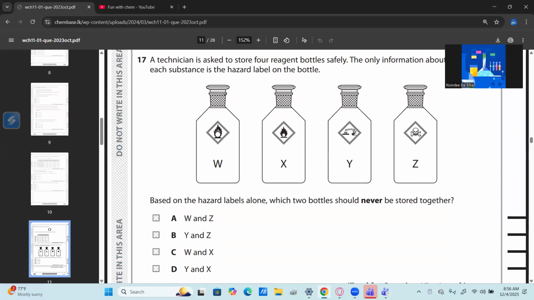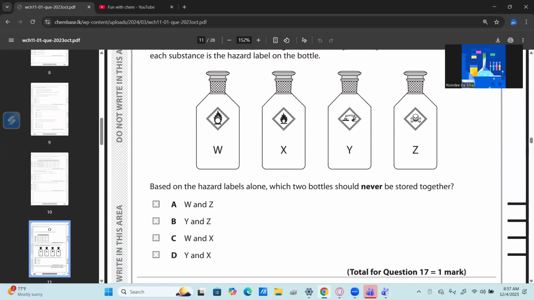Then 17, a technician is asked to store 4 reagent bottles safely. The only information about each substance is the hazard label on the bottle. Based on the hazard labels alone, which 2 bottles should never be stored together?